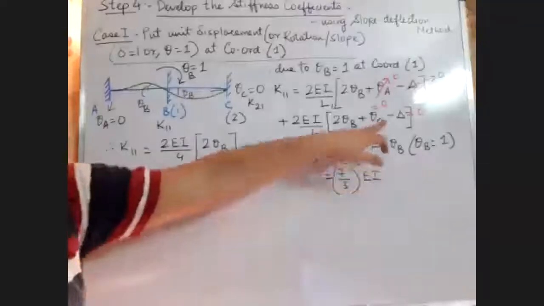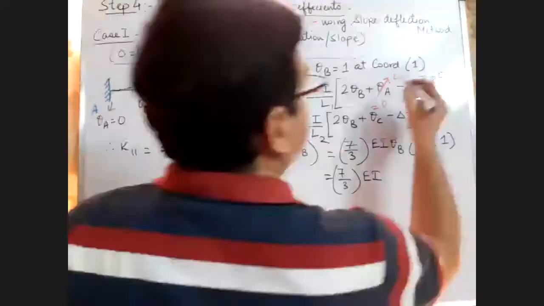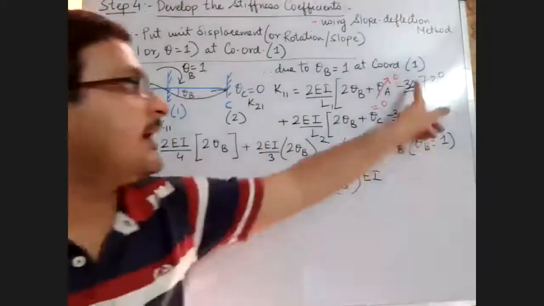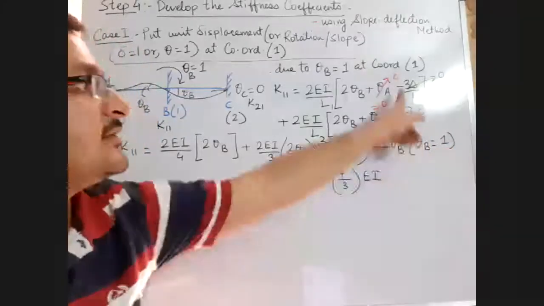Here delta is the external deflection. No deflection is given, so these are all zero. Okay, mind you.